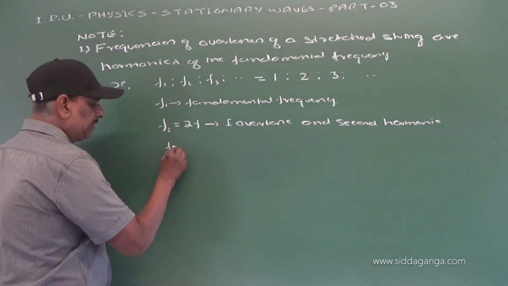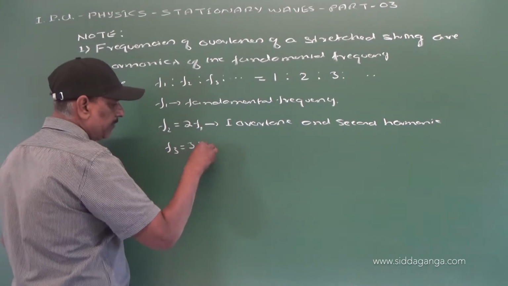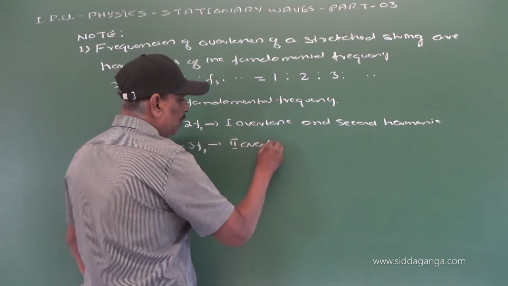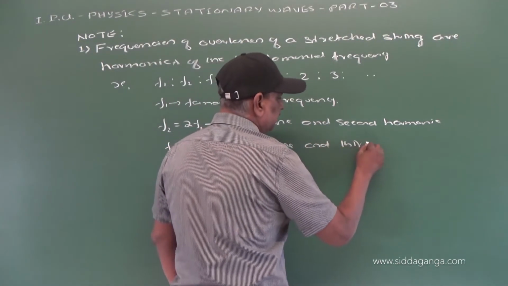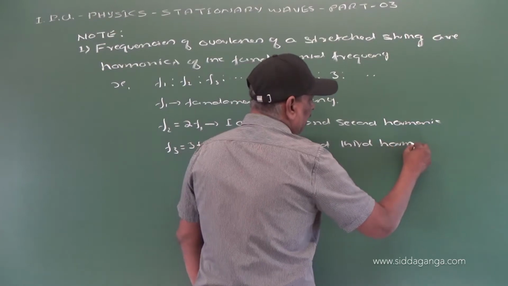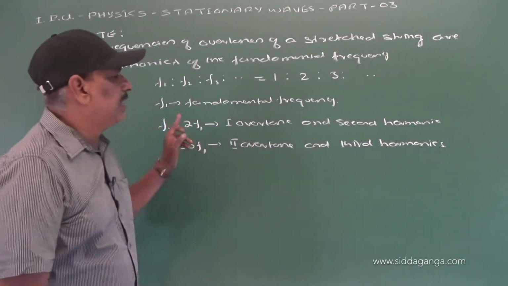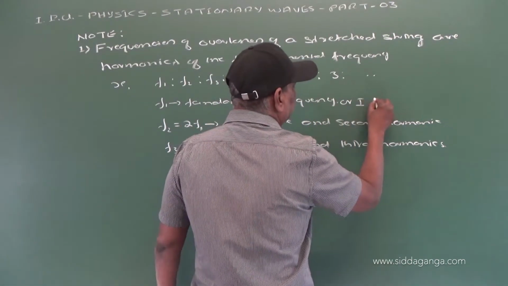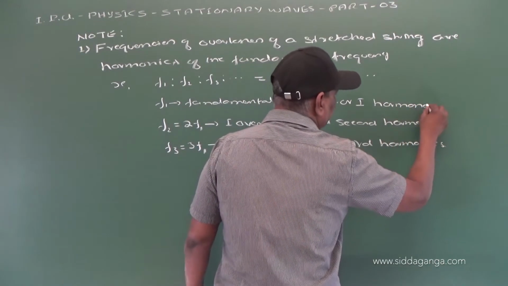F3 is equal to 3 F1, that is the second overtone and it is the third harmonic. And we know that the fundamental frequency itself is the first harmonic.